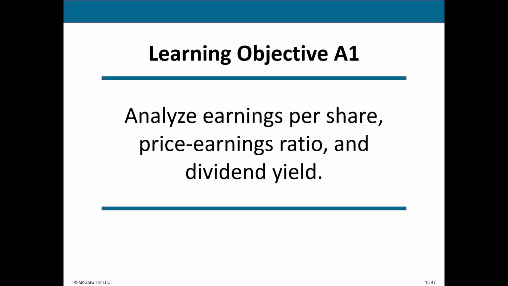So we calculate a couple of ratios to help us do that as a manager. We calculate the earnings per share ratio, price to earnings ratio, and the dividend yield ratios. These are all market ratios that really help us to better understand our shares of stock, their share price, where they're heading, and their stability.